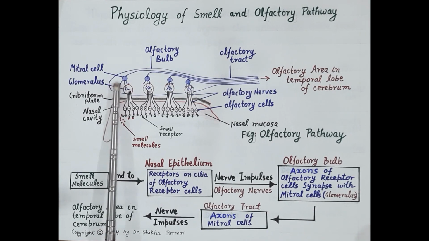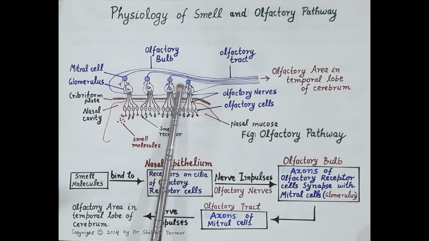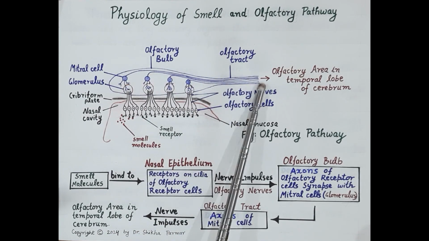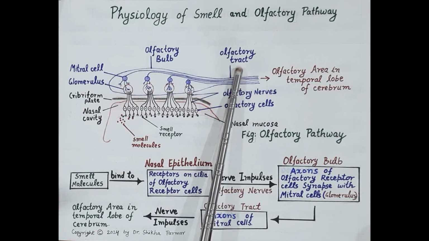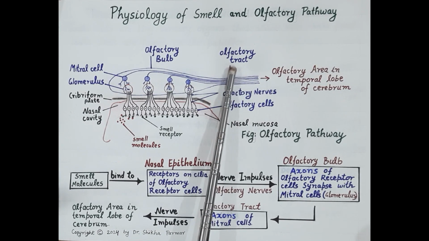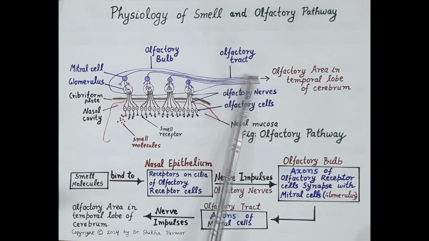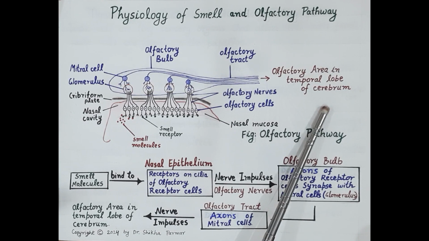Now as you can see here, axons of all the mitral cells run dorsally, and all these axons merge together to form the olfactory tract. Now this olfactory tract carries nerve impulses of smell to the olfactory area in the temporal lobe of the cerebrum, where smell is perceived and recognized.